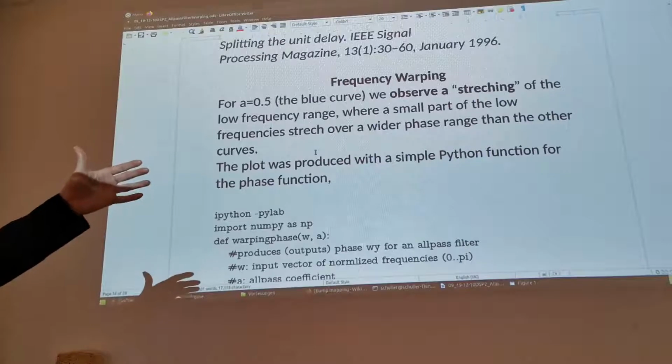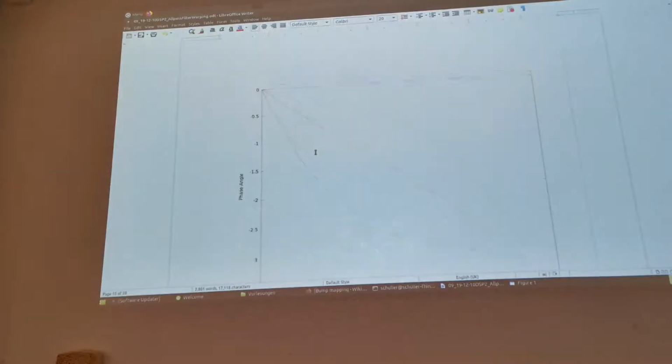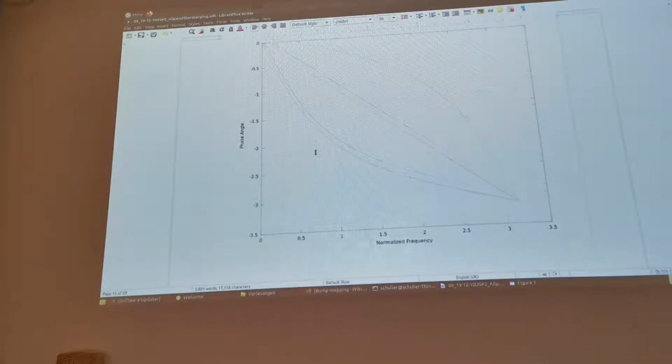In this example we use the range from 0 to minus pi, because that fits nicely to our frequency range from 0 to Nyquist. There is no fs anymore in the normalized frequency. After normalization, you just have pi as the Nyquist frequency.